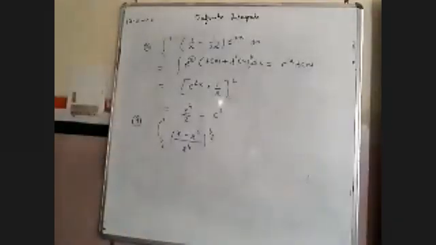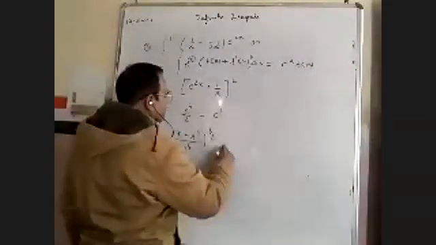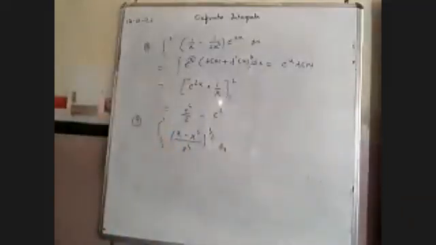It is looking very complicated, but you can convert it into standard form. X minus x cube whole to the power 1/3 divided by x to the power 4.